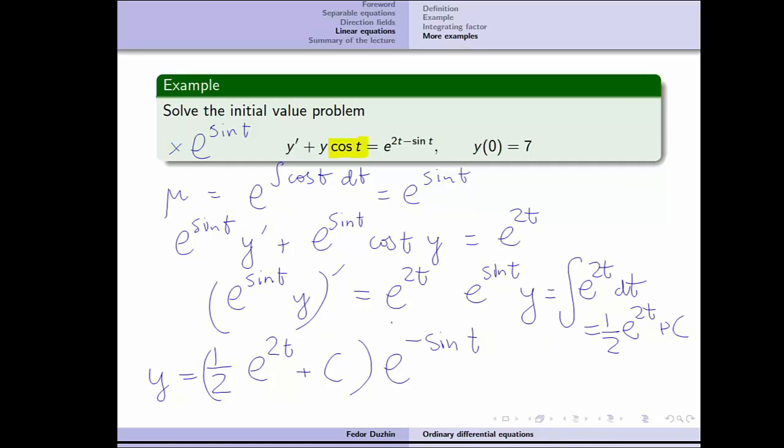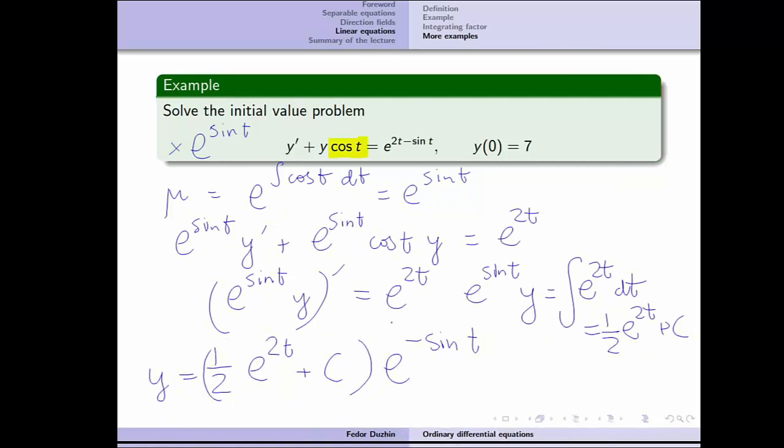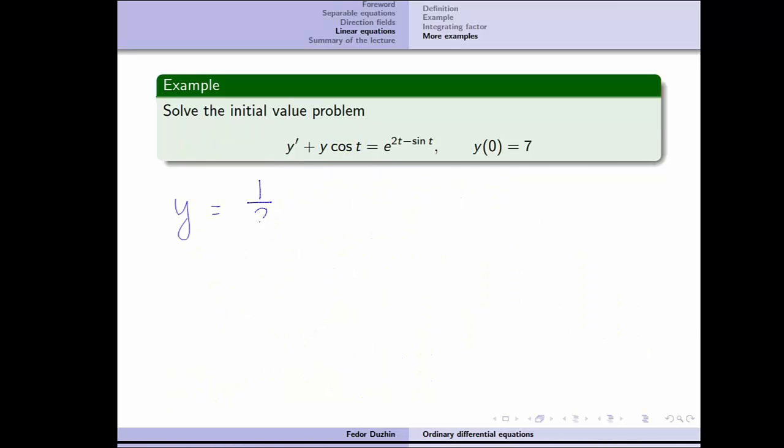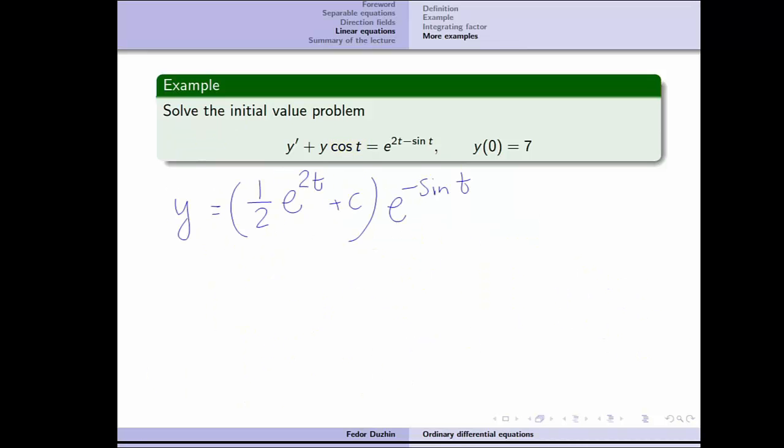So in order to solve for c, we need to apply the initial condition. Let me write y again equals 1/2 e to the 2t plus constant times e to the minus sine t here. So that's the general solution. Then we need to make use of the initial condition. y of 0 is 7.